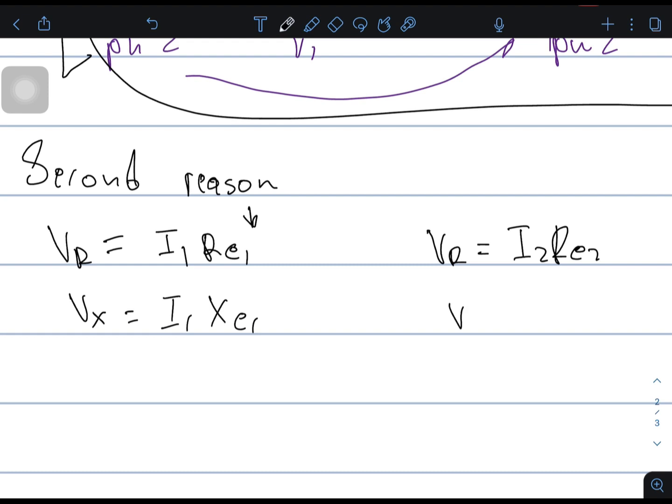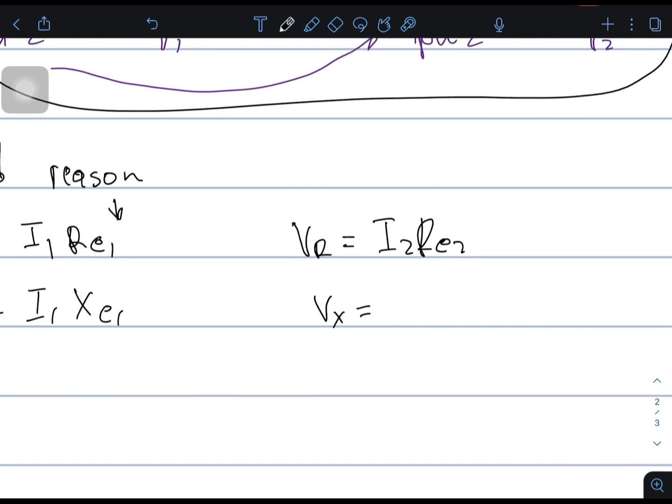Or to find the internal voltage drop of the transformer due to the reactance, referring to the secondary winding, it is I2 XE2.